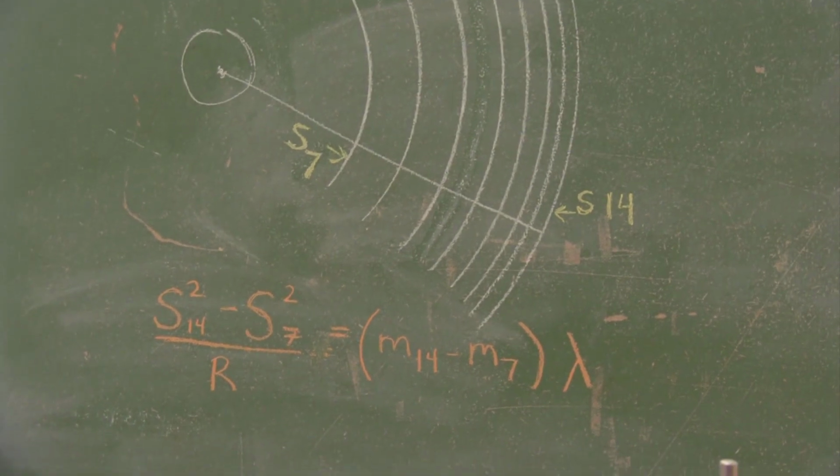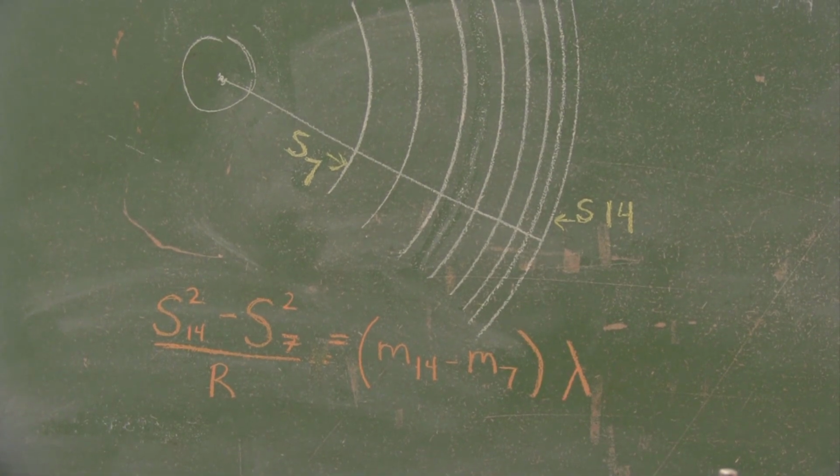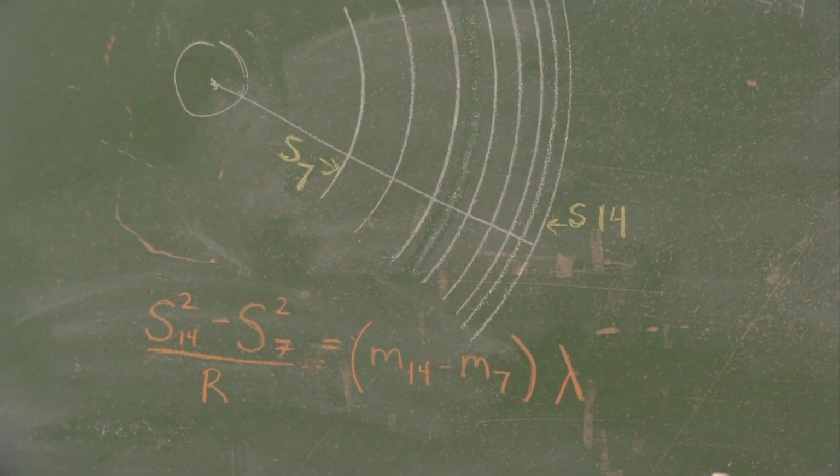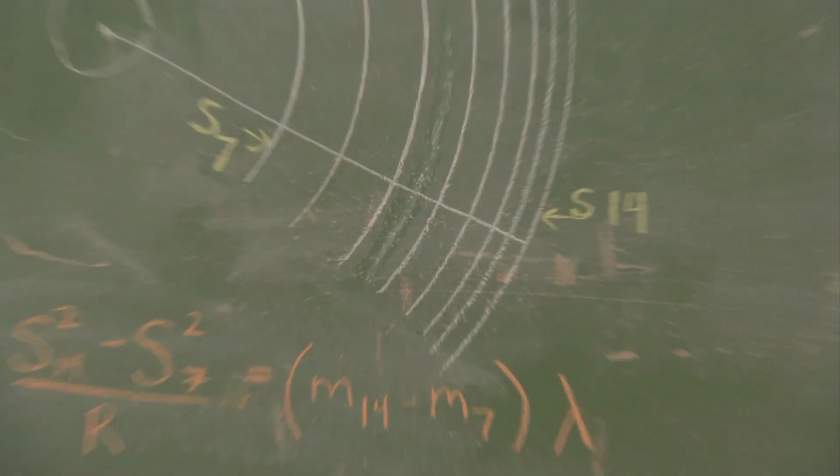Below is the equation that you will use to determine the radius of curvature of the upper piece of glass. So you'll be using this equation.